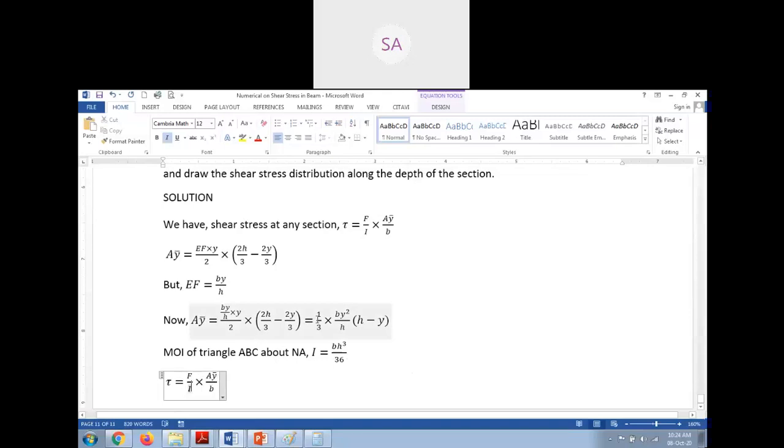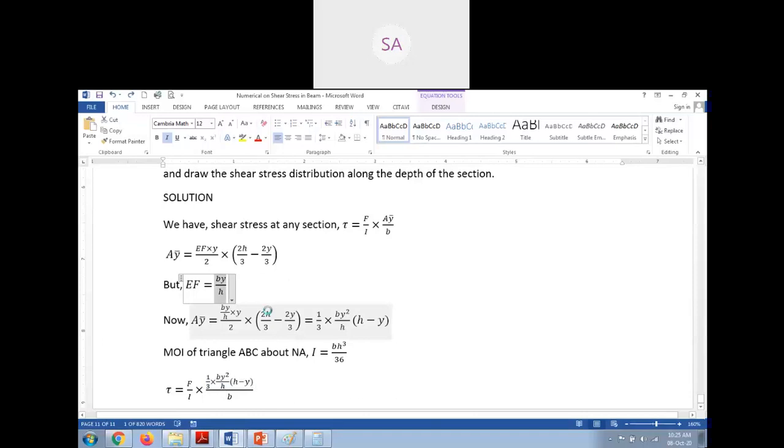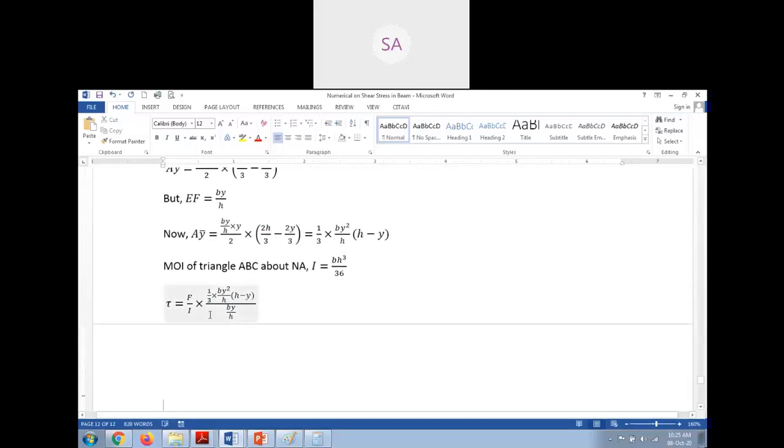Now A y bar is this value, right? And B is By by H, right?